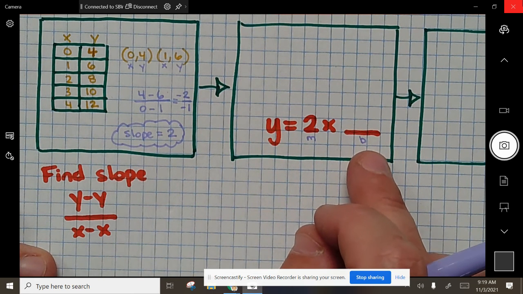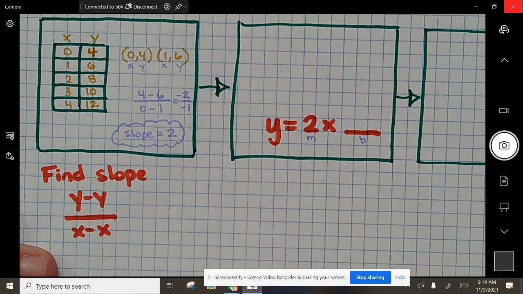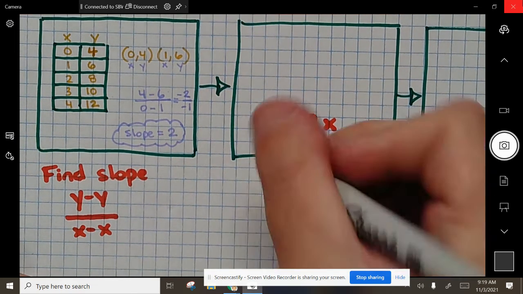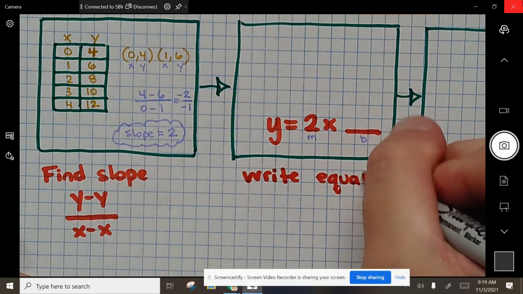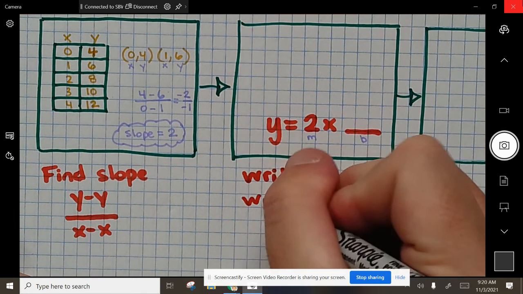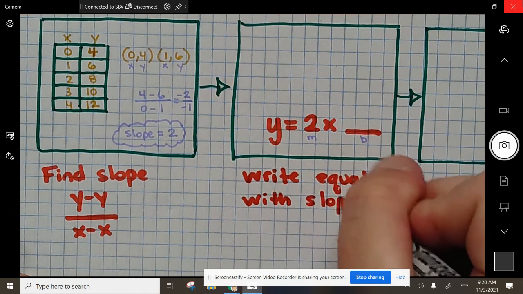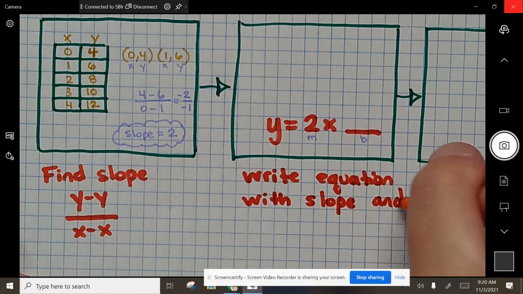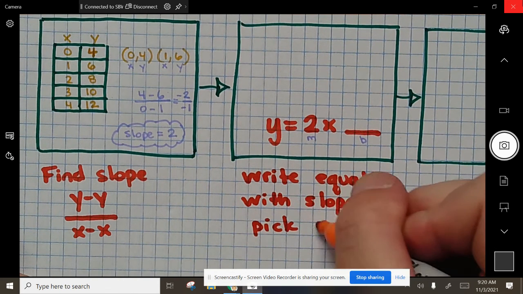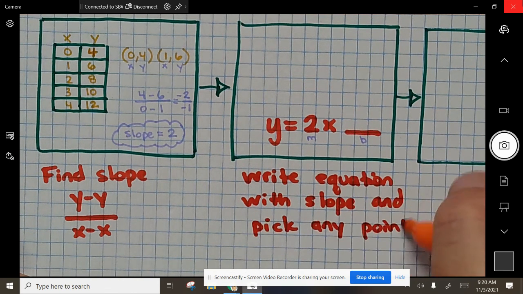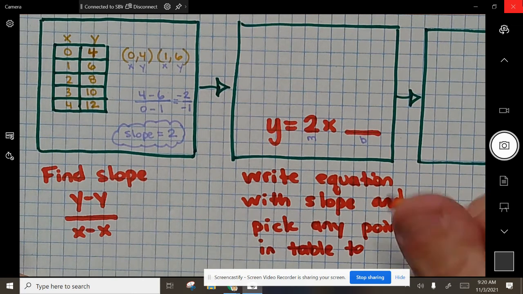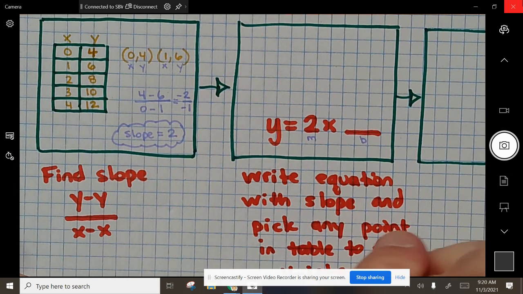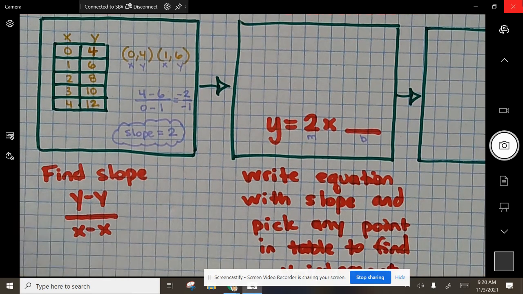All right. So what I want you to do now, I'm going to write this down at the bottom: write equation with slope and pick any point in table to find y-intercept.